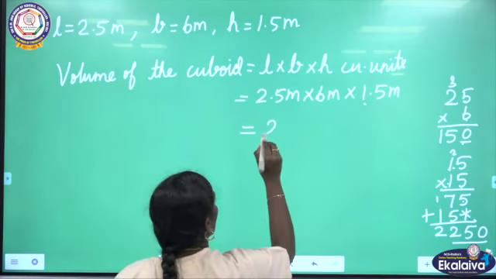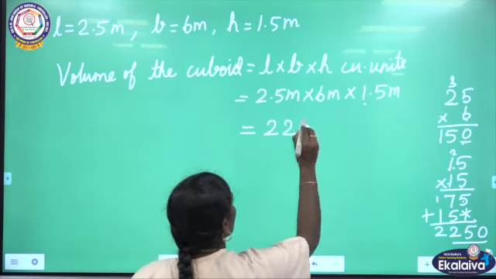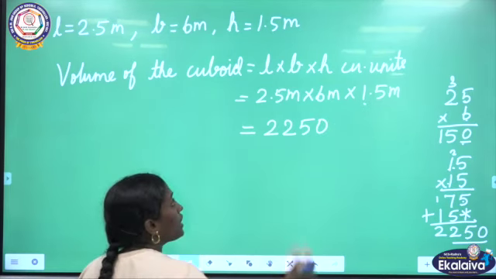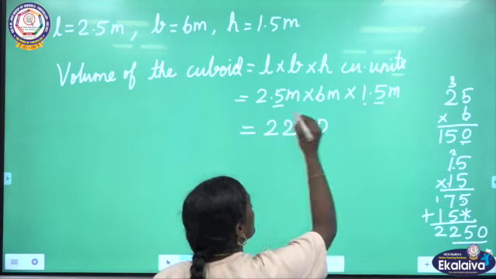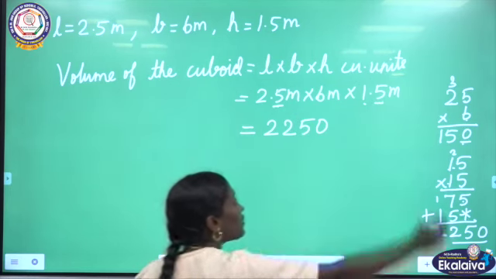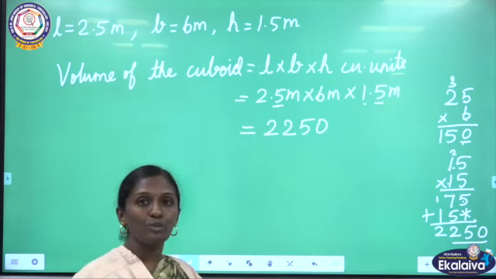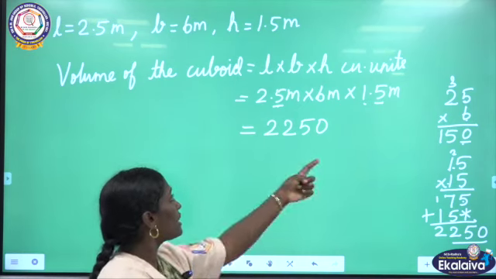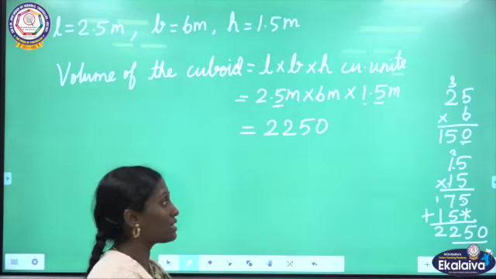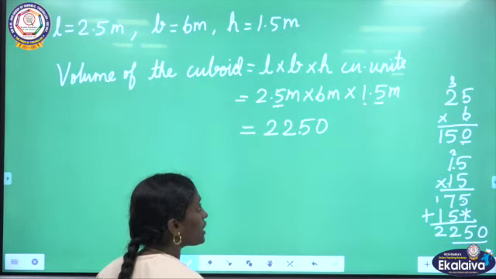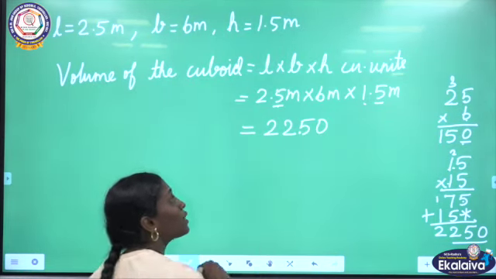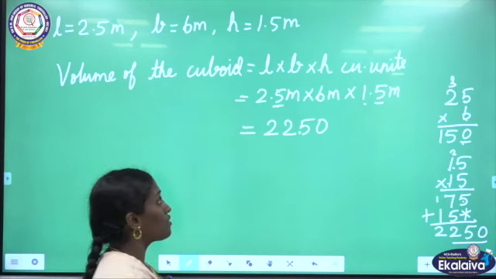Okay. Here now we got 2250, but here in the given measurement, we are having decimal numbers. Here one decimal place, here one decimal place. Totally 2 decimal places are there. So, in the answer we need 2 decimal places. So, from the last, before 2 digits we have to keep the decimal point. Then the number will become 22.50.